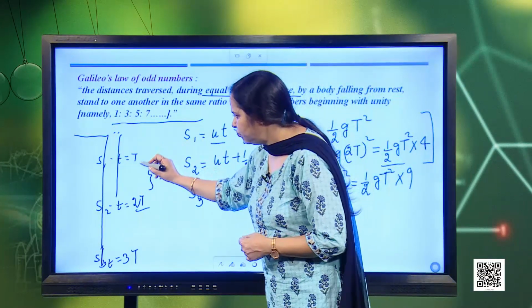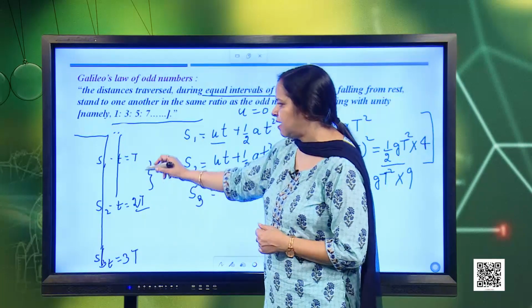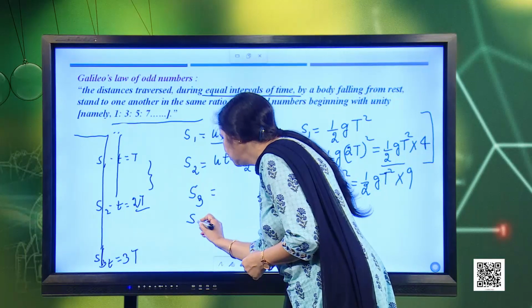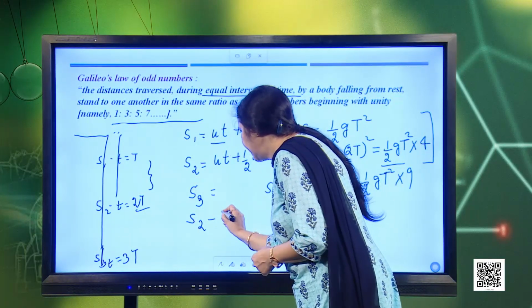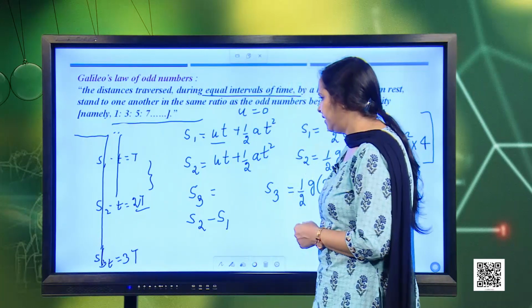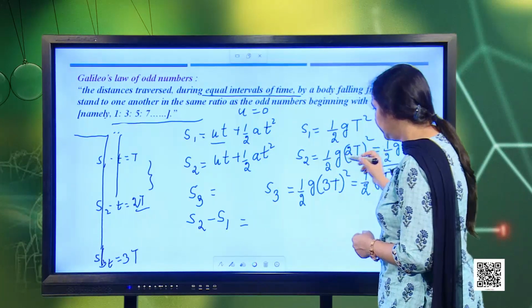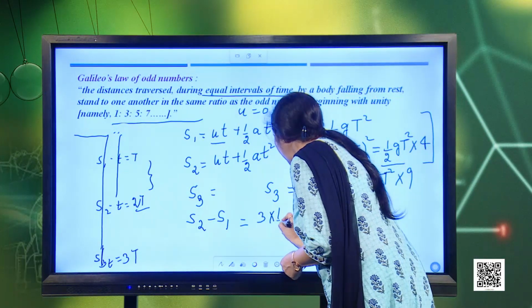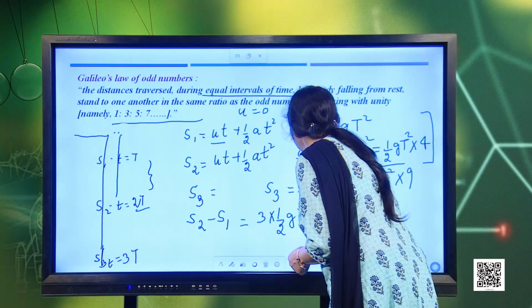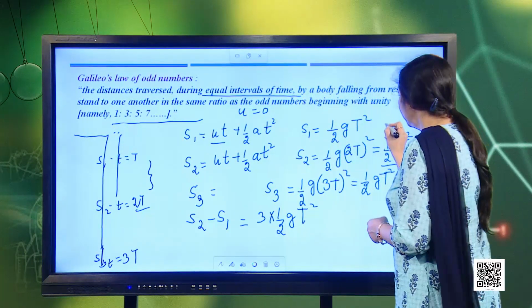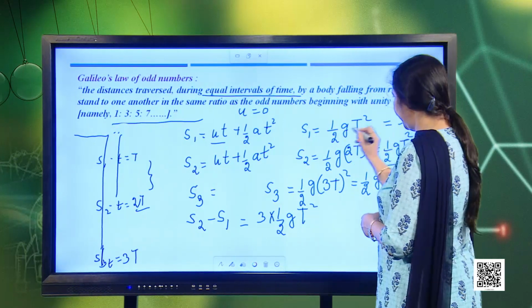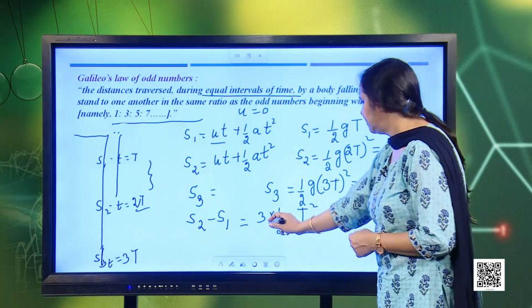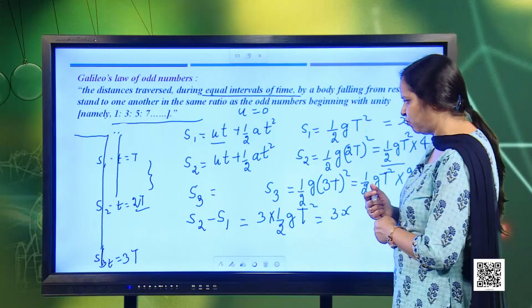Now if I need to find the distance traveled between time t and time 2t, we will subtract S1 from S2, and S2 minus S1 will give us 3 times half g t square. So if I consider this distance to be x, then this distance can be taken as 3x, because it is 3 times the distance traveled in S1.